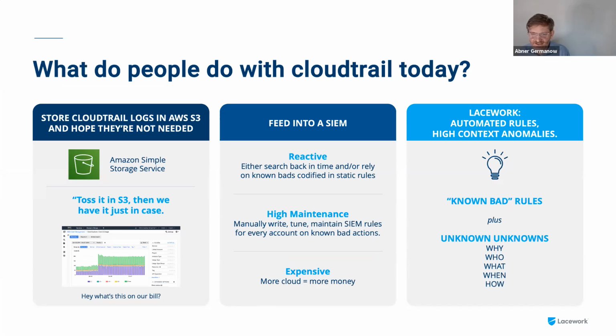The Lacework approach, and we'll talk about how this actually gets done, is that we have some known bad rules, because there are some things you always want to look out for, but you also get the unknown unknowns. When we understand anomalies in the system, we surface those.